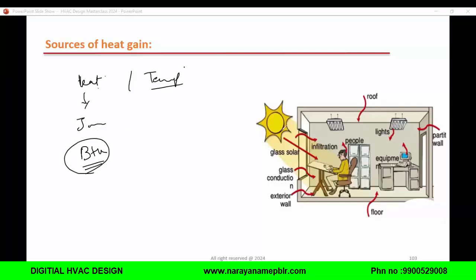So we will find out all the heat generated by all this equipment. You know how to convert BTU into TR. So 1 TR, how much BTU? 12,000.